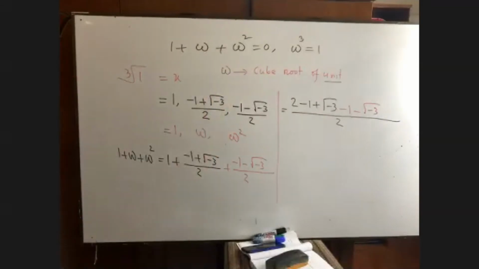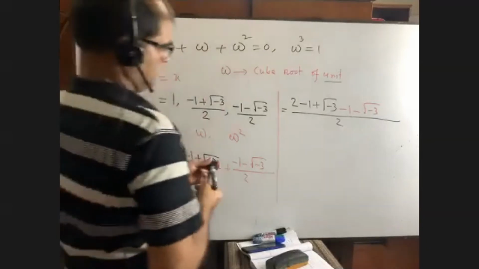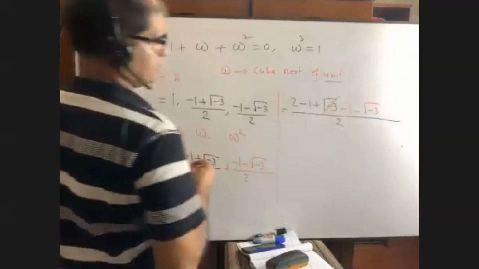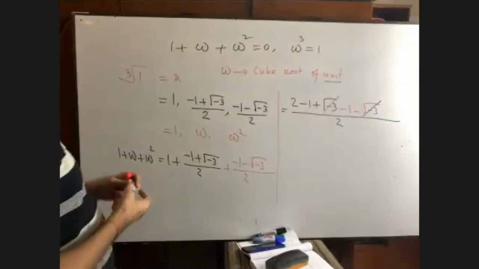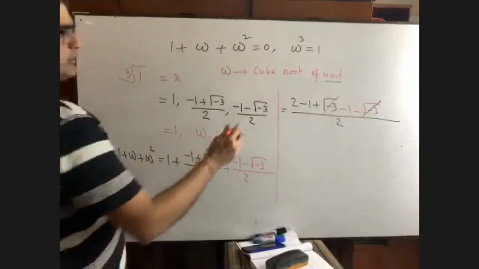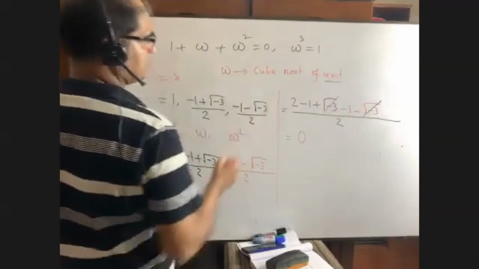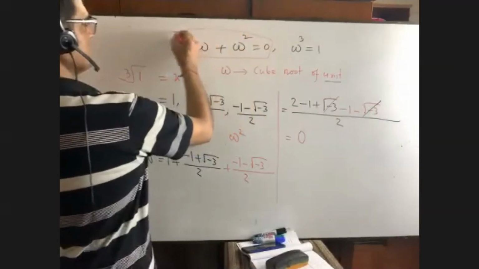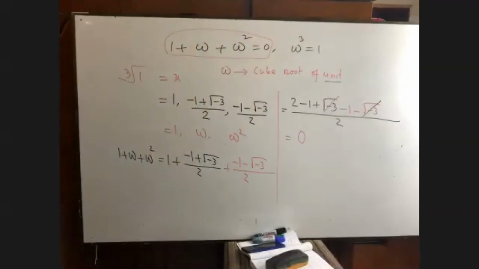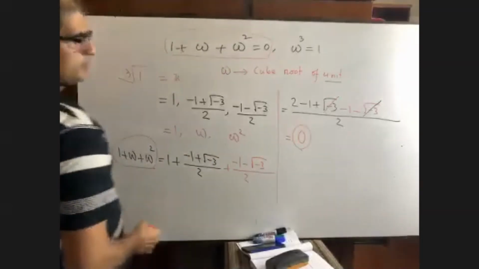What are you getting there? Can you please tell me? This root term will be omitted, right? Now we are getting 2 minus 2, that is 0 by 2, that is 0. I have written it: 1 plus omega plus omega square equals 0. Have I proved it? Right?